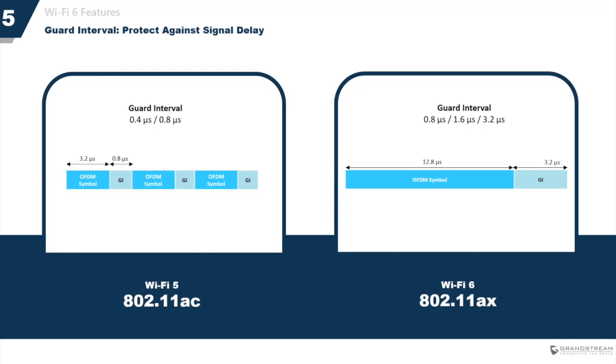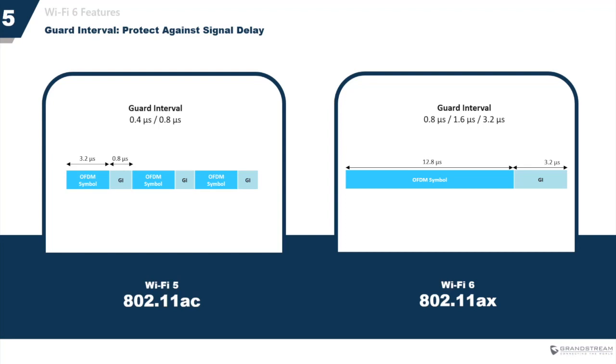So 802.11ac supports two options for guard interval, 0.4 and 0.8 microsecond. And you've probably heard that choosing the short guard interval, 0.4, will increase your data rate by approximately 10%. This happens because a short guard interval reduces the idle time between symbol transmission. Wi-Fi 6 now offers 3 guard interval options, 0.8, 1.6, and 3.2 microsecond.